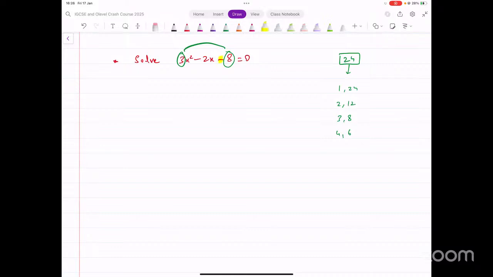That means we want to think of two of these factors that will give us the number in the middle here. Well, in this case, we actually can factorize this. Okay, let's do it using factorization first and see what that gives us.